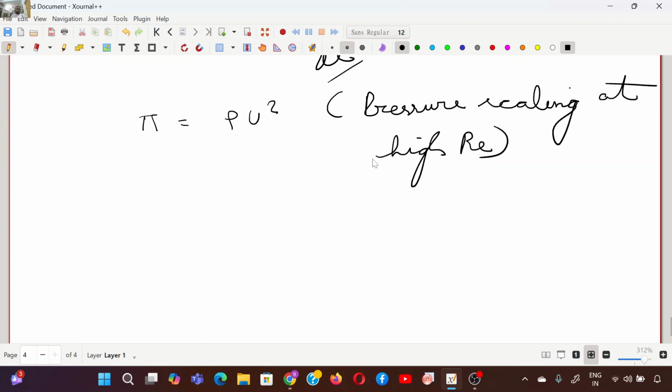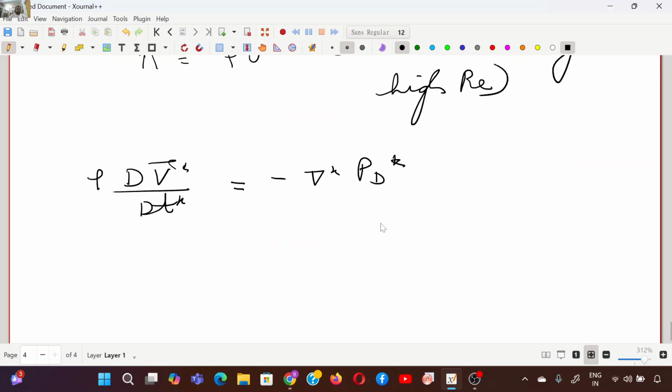And now if you convert it back to dimensional form, it is just rho dv star by dt star is equal to minus del star dt star. I mean, this is the non-dimensional form. If you convert it to dimensional form, there would be a rho here, sorry.